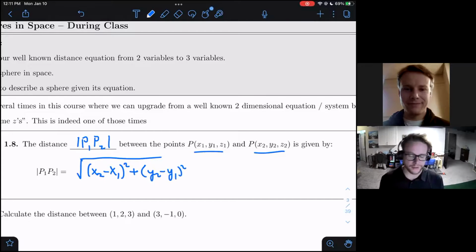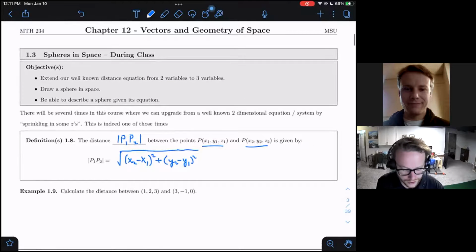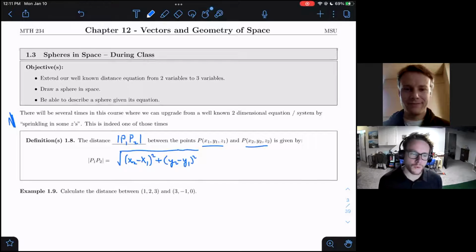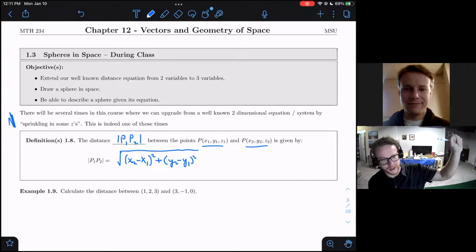Add them together, throw them under a square root, and that was your two-dimensional distance. As these words up here say, we can get a three-dimensional distance equation by just sprinkling in some z's.